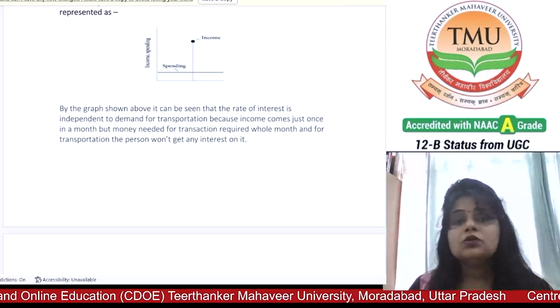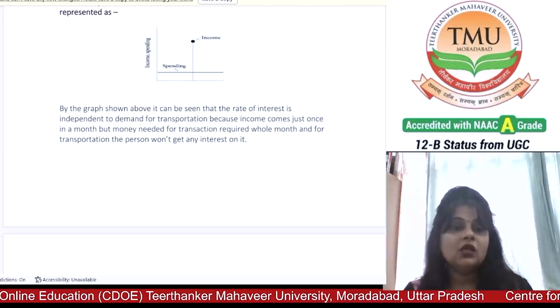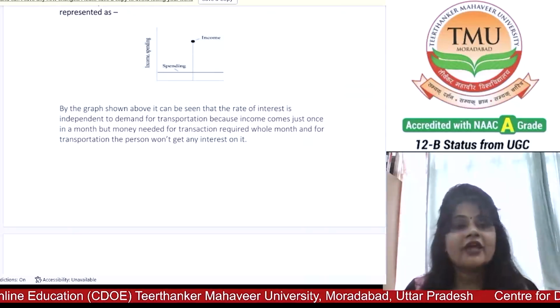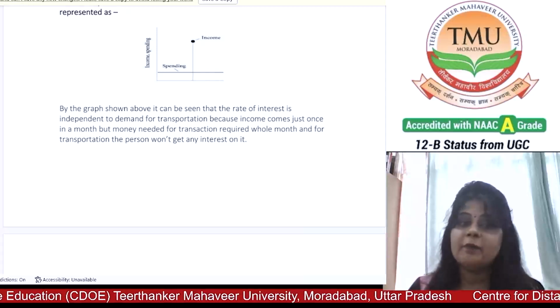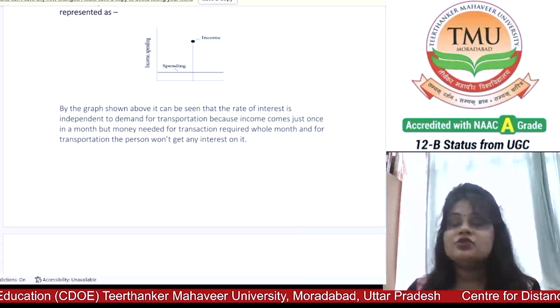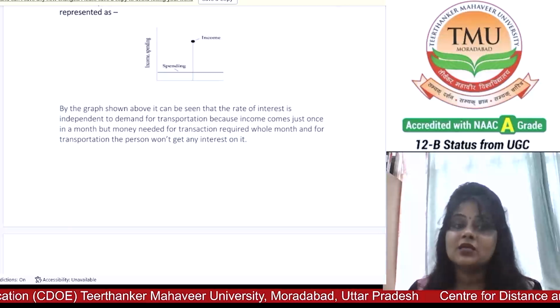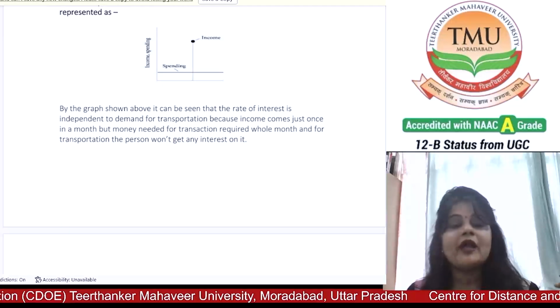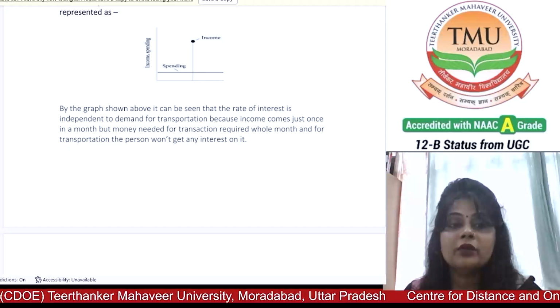So the transaction motive relates to the demand for money, or the need of cash for the current transactions of individual and business exchanges. Individuals hold cash in order to bridge the gap between the receipt of income and expenditure. This is called the income motive.